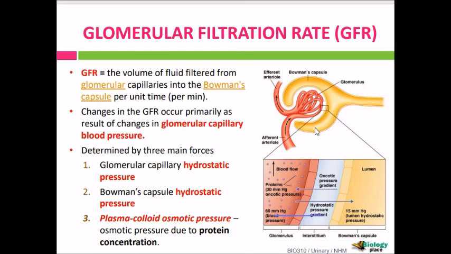The unit time here is minutes, not seconds. The changes in the rate occur due to changes in the glomerular capillary blood pressure, which is later determined by three main forces. First is glomerular capillary hydrostatic pressure. The second one is Bowman capsule hydrostatic pressure, and the third is plasma colloid osmotic pressure.